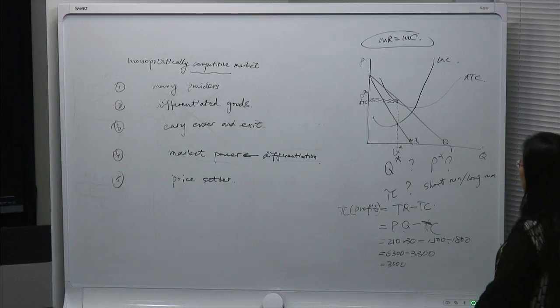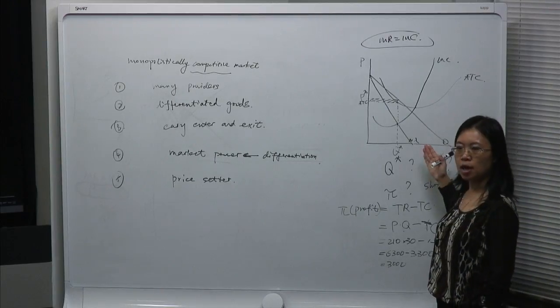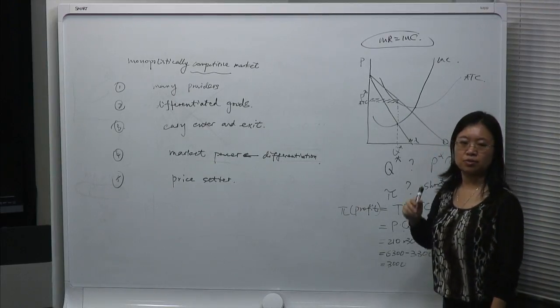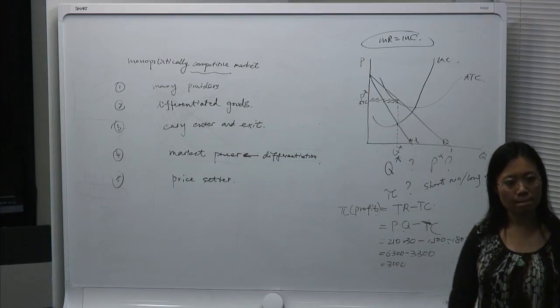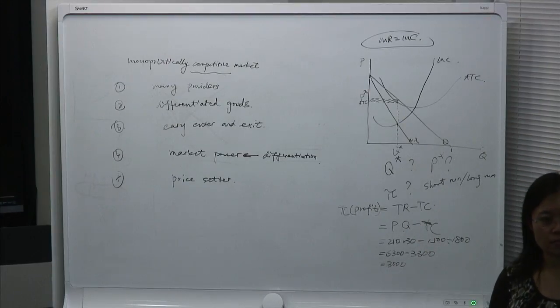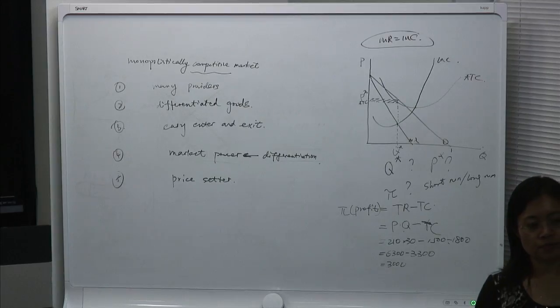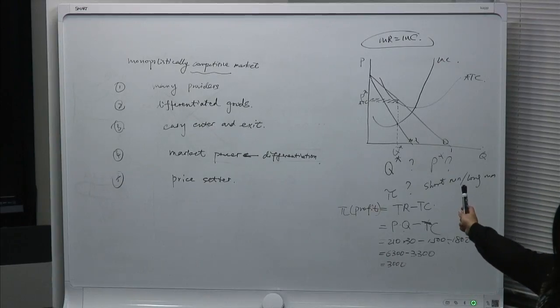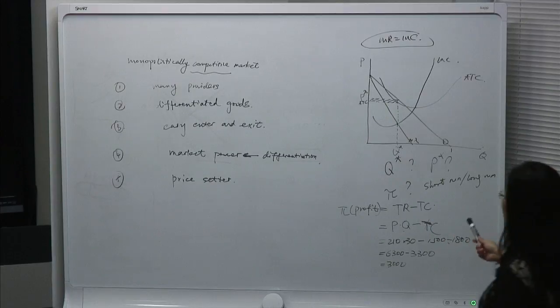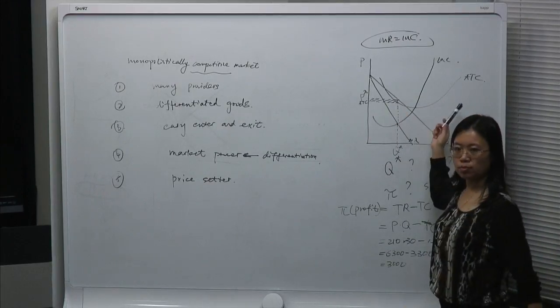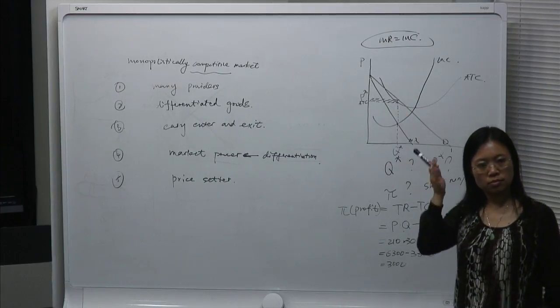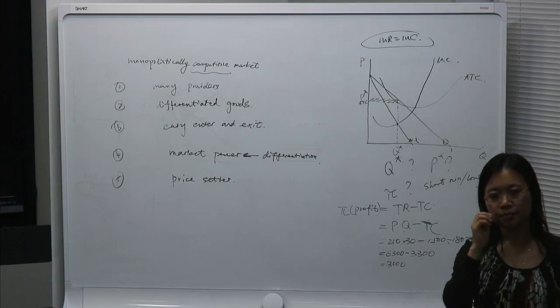So now we can just say this could represent a monopolistically competitive firm. That graph that we drew initially was for the monopolist. For the monopolistic competitive firm, the graph is exactly the same. It's just for a specific market segment. And also the cost curve represents that particular firm's cost.